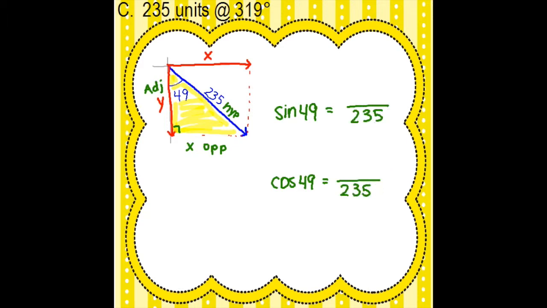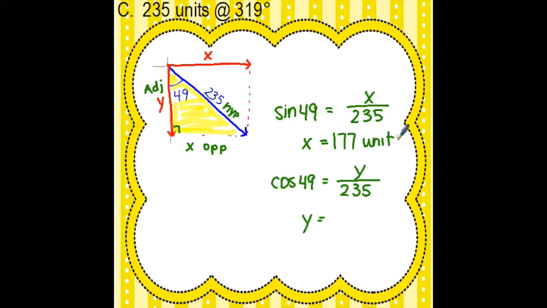And now I go back and look in my triangle. Sine is opposite over hypotenuse. So I can see in this triangle, my opposite side is x. And cosine is adjacent. In this triangle, my adjacent side is the y. It's next to the angle. Now I just cross multiply for both.